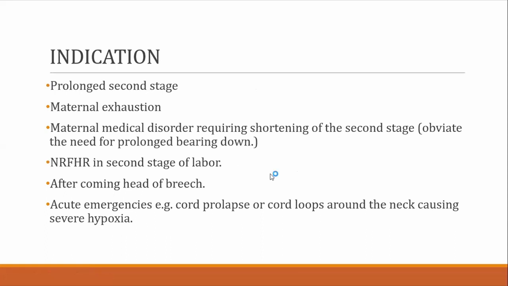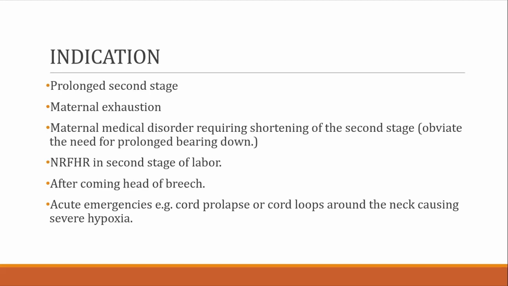Maternal indications require shortening of the second stage of labor, just to avoid the expulsive or bearing down effect of the second stage. Other indications are non-reassuring fetal heart rate, the after-coming head in breech delivery, and acute emergencies similar to non-reassuring fetal heart rate, like imminent cord prolapse or cord loops, nuchal cords.